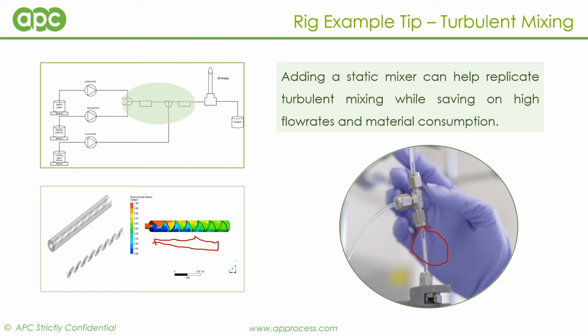And as they move through this static mixer and down the tubular reactor, you can see that towards the end we have a fully mixed stream, which means the two streams are mixing a lot better. So in this example, this actually incurred a yield increase from 60% to 90%. So really the mixing environment in this case was highly important.